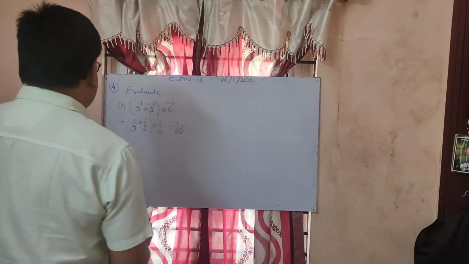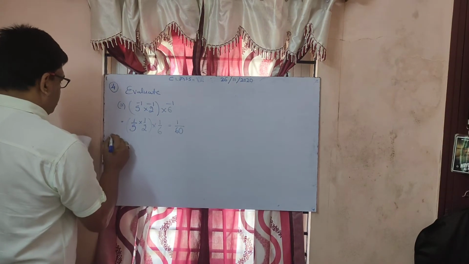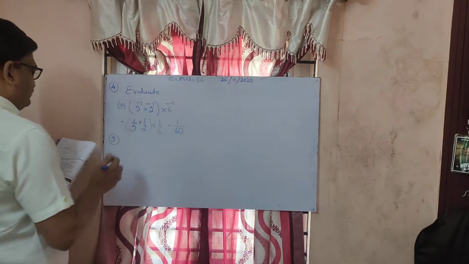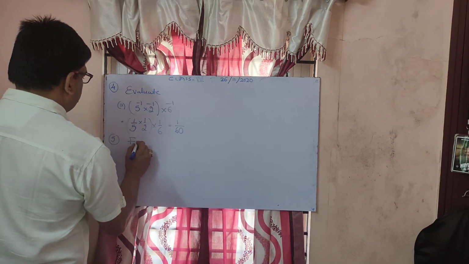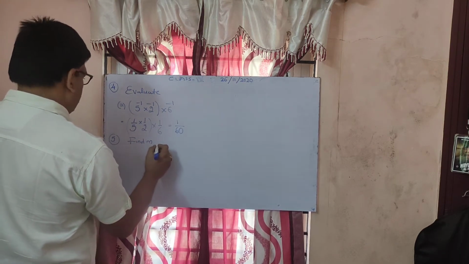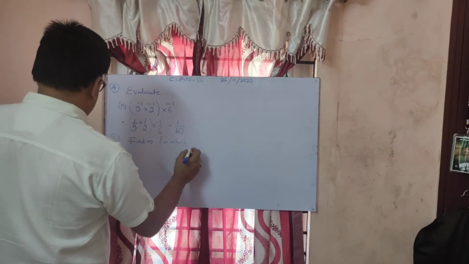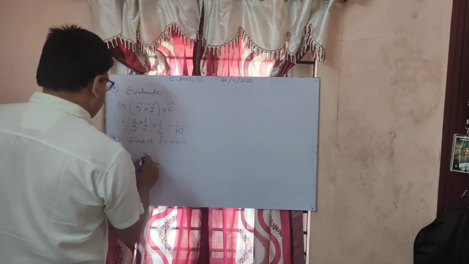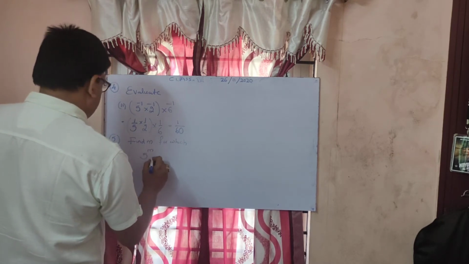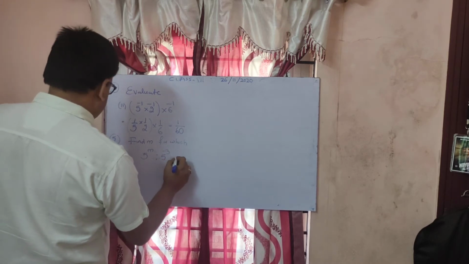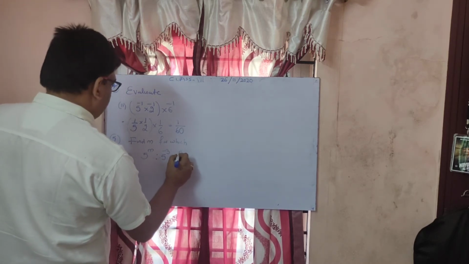Now we'll do the next example, that is fifth one. Find the value of m for which 5 to the power m divided by 5 to the power minus 3 is equal to 5 to the power 5.